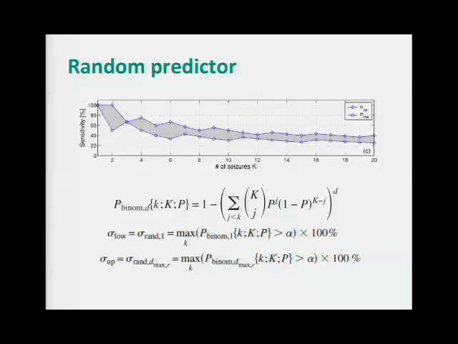So this is the sensitivity at which the random predictor will trigger at least some alarms well detected. We have two because we have to take into account the dimension of the features that we are using.